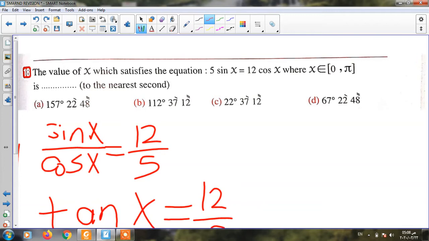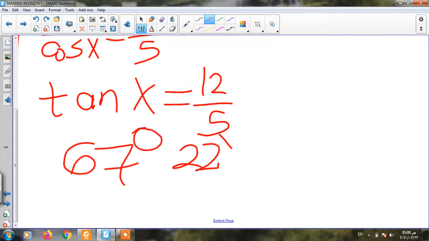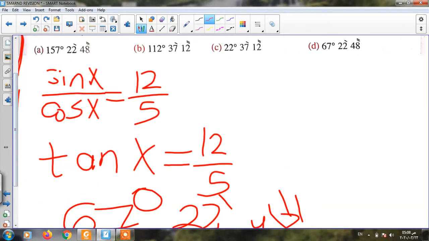So we start to make shift tan 12 over 5. It's going to be 67 degrees, 22 minutes and 48 seconds, and it's choice number D.